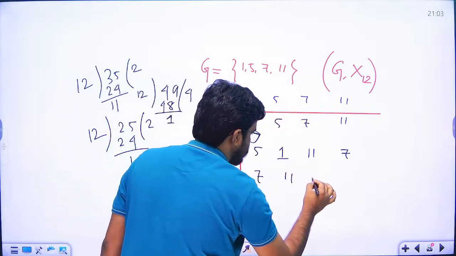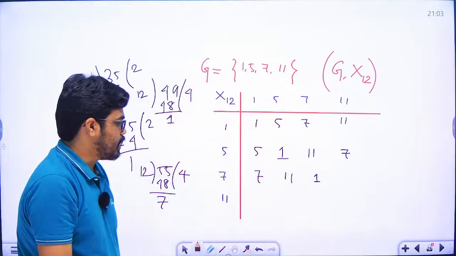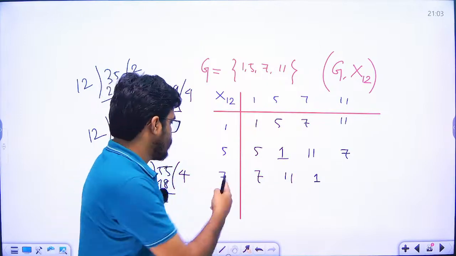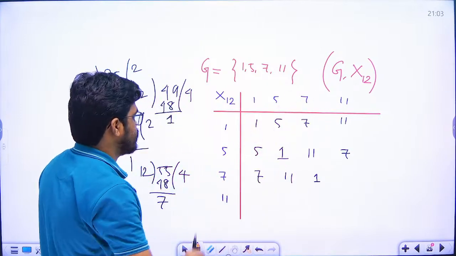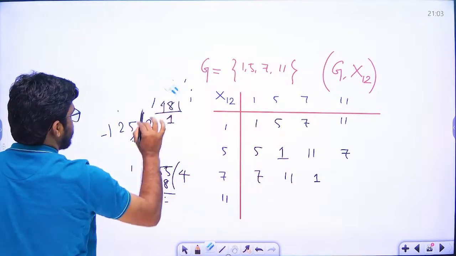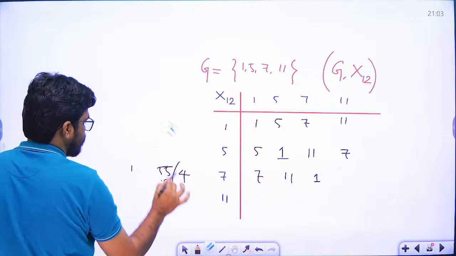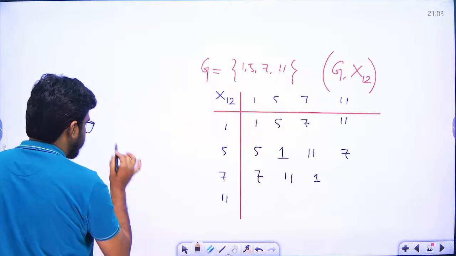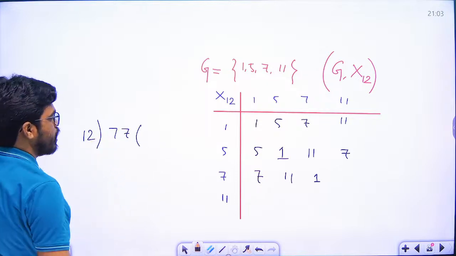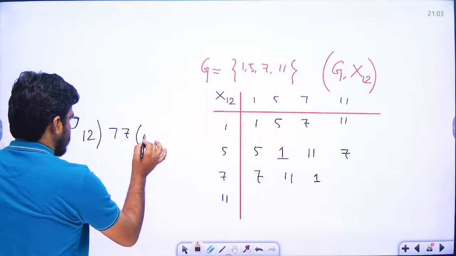So 7 into 7 is 1. Clear? 7 into 11, 77. We divide 77 by 12.